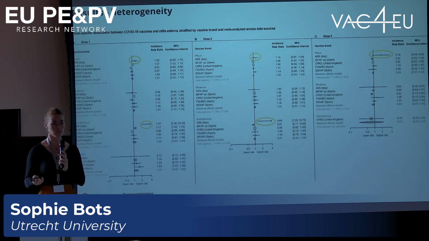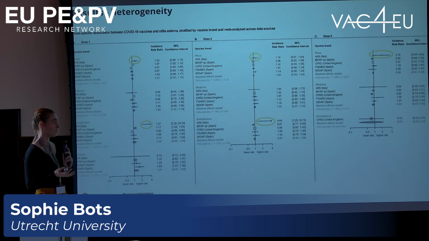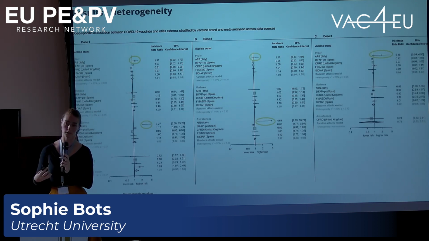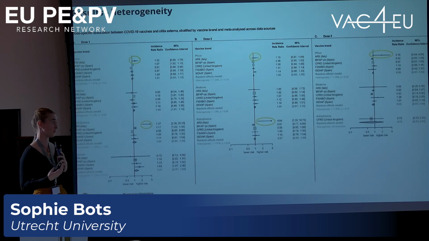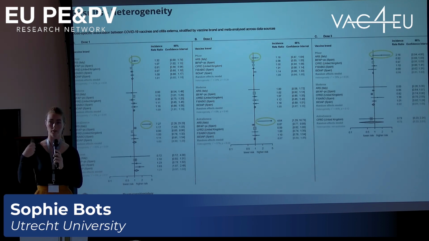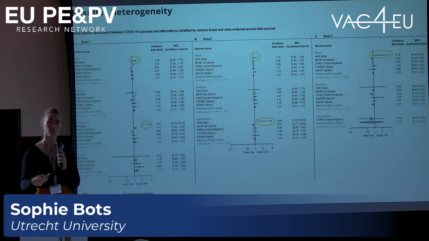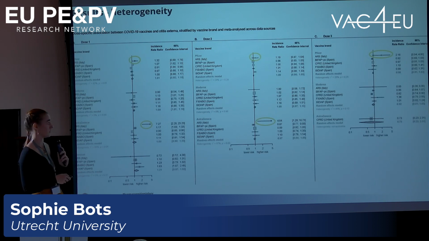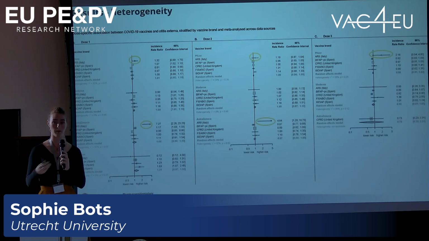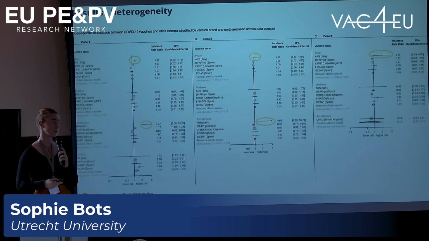We talked with the ARS experts on this, and one of the things we think might have happened is that because ARS is a hospital database, so emergency department visits, people who had their vaccine and then suddenly had an otitis would be more likely to go to the hospital than people who just had an otitis without the vaccine before it, which could actually create this association between otitis and your COVID-19 vaccine in this specific data set. And this was not seen in the GP data sets because people might be less inclined to visit their GP differently depending on whether they were just vaccinated or not.